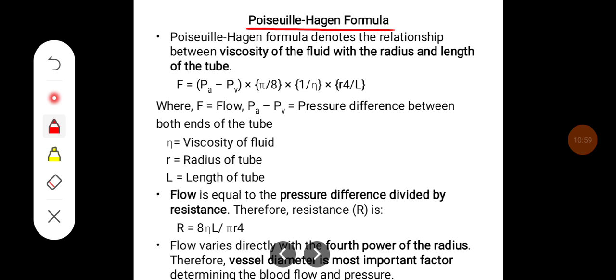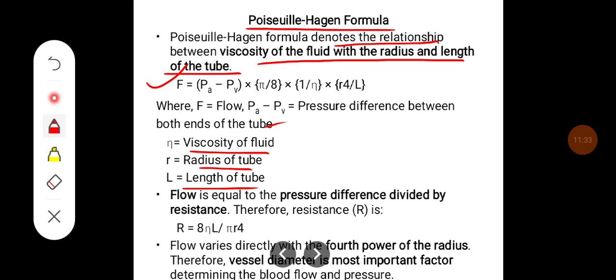Coming to the Poiseuille-Hagen formula. Poiseuille-Hagen formula denotes the relationship between viscosity of the fluid with the radius and length of the tube. So Poiseuille-Hagen formula is given as F, that is flow, is equal to pressure difference between the two ends of the tube into pi by 8 into 1 by mu into r to the power of 4 divided by L, where mu is viscosity of the fluid, r is radius, L is length of the tube.